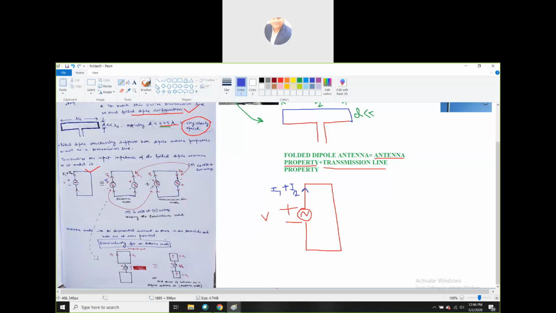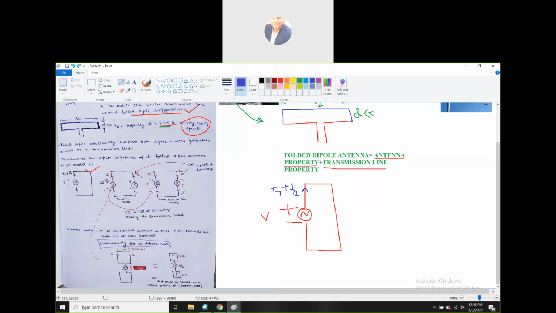Plus minus, minus plus. If you equate it, it is nothing but the short circuit, isn't it? And this plus minus V by 2, plus minus V by 2, if both are combined, will give you V. So principally both are the same.